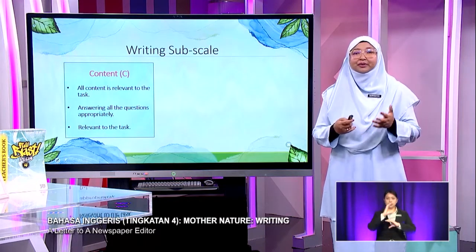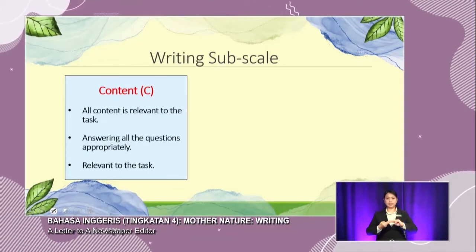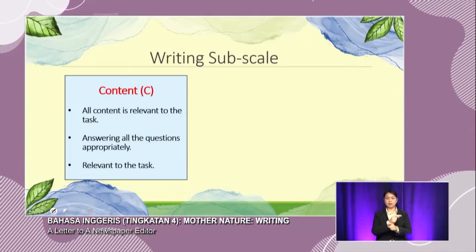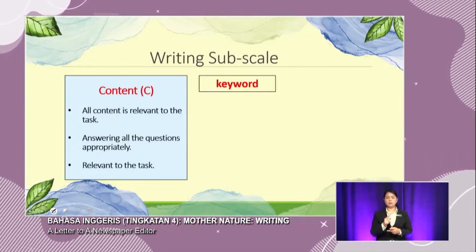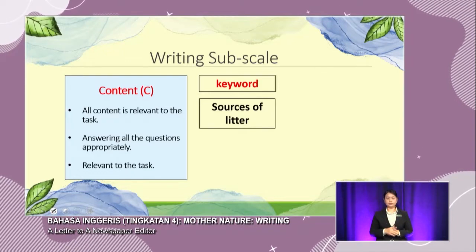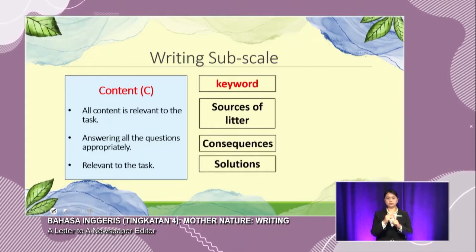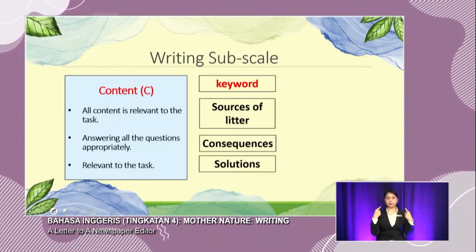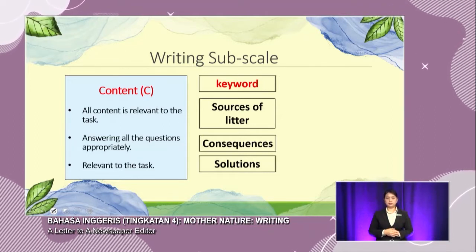All content should be relevant to the task. It means answering all the questions appropriately. For example, in the question, it has keywords like sources of litter, consequences, and solutions. So we have to use all these keywords in our writing for us to get marks. Okay, so that's all for content.